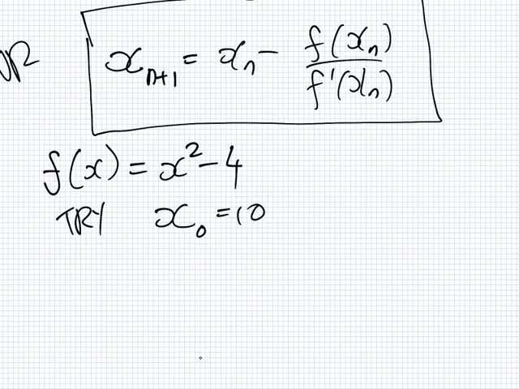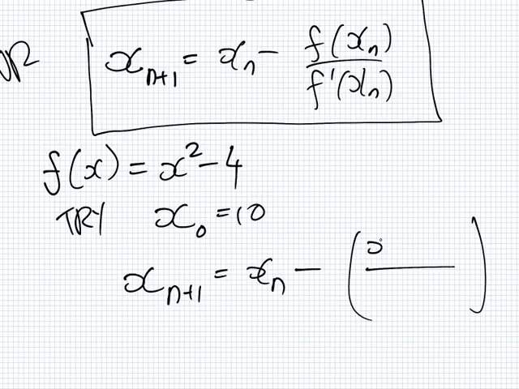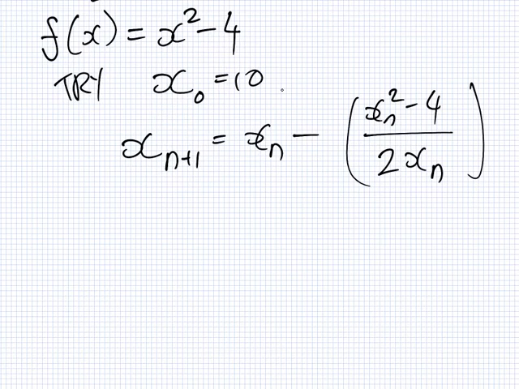Am I right? No, I'm way off, way off. But this formula tells me how to get a better answer. It's xn minus f of xn, which will be this, and then what's the derivative? 2xn in this case.